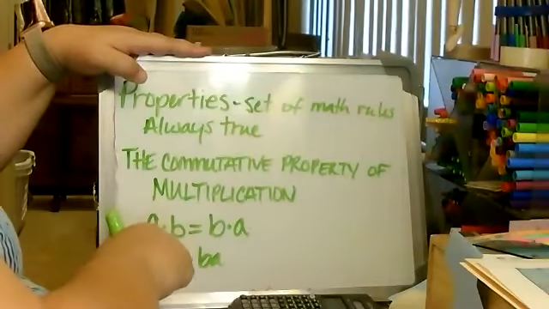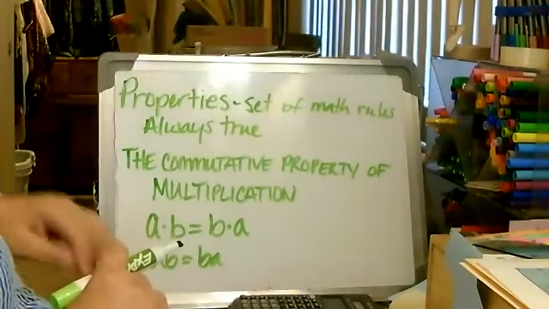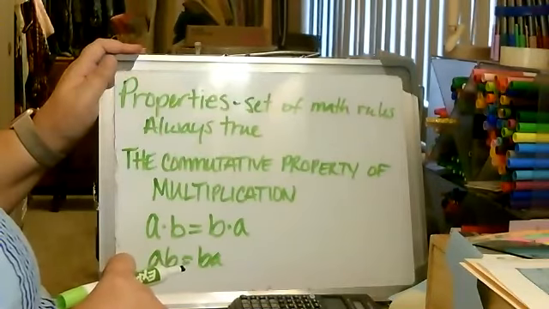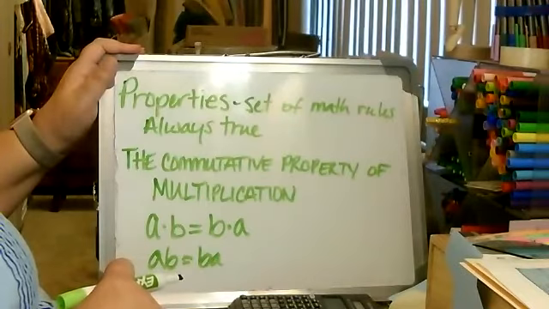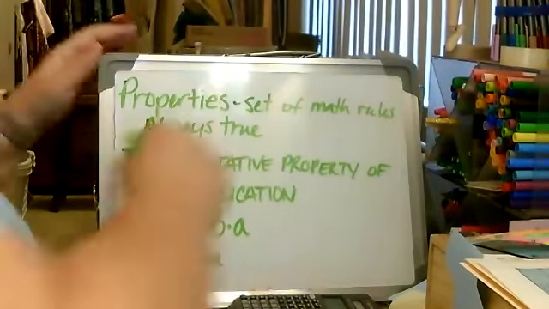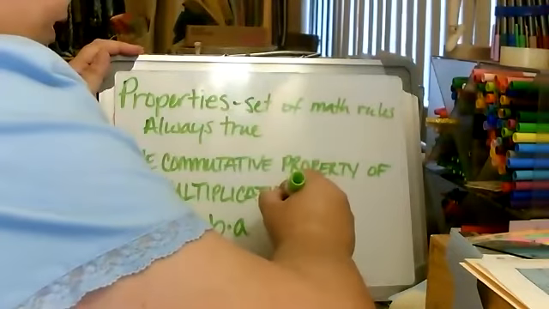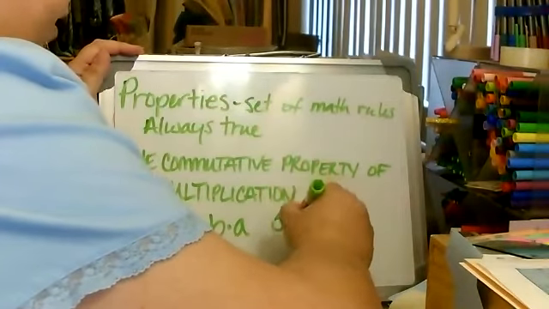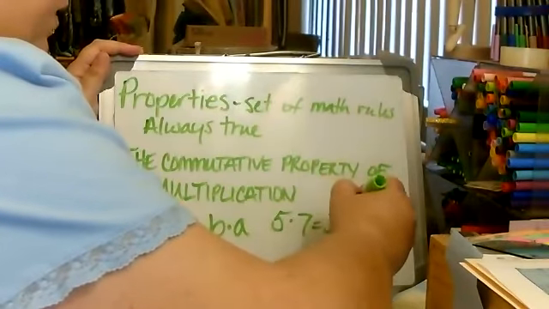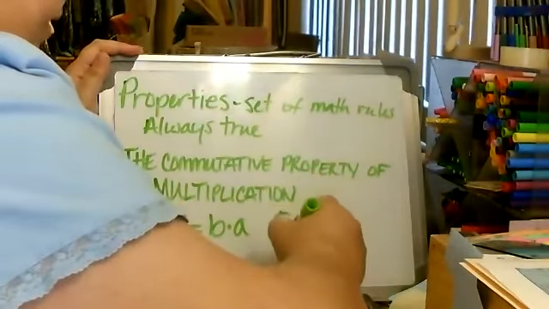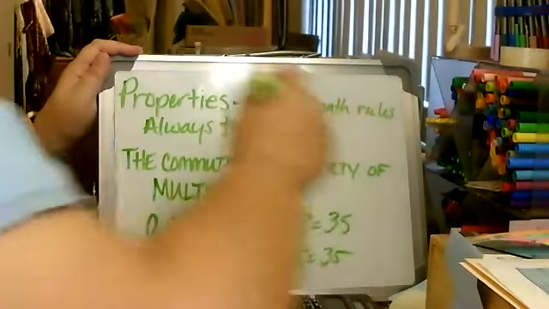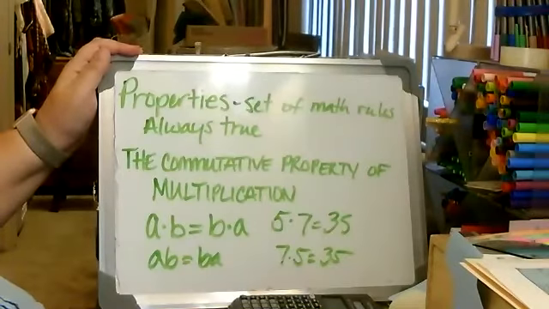You don't necessarily have to have that, especially when you're doing variables. But it says when multiplying 2 or more numbers, you can multiply them in any order and the answer will be the same. So, sticking with our 5 and 7 theme, 5 times 7 is 35, and 7 times 5 equals 35. Okay?